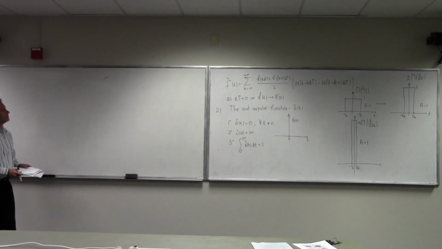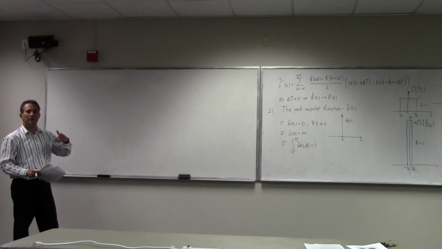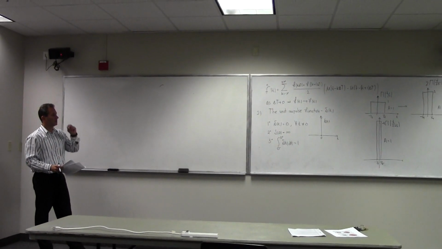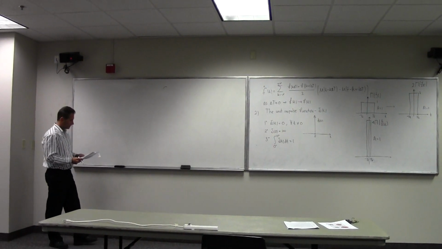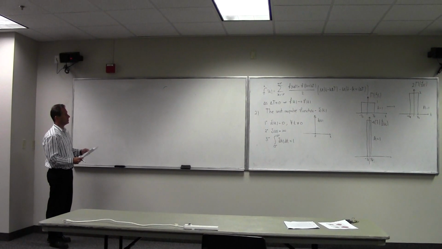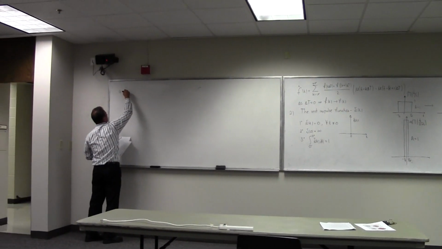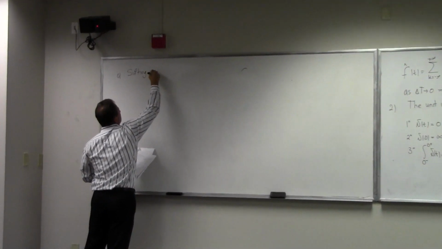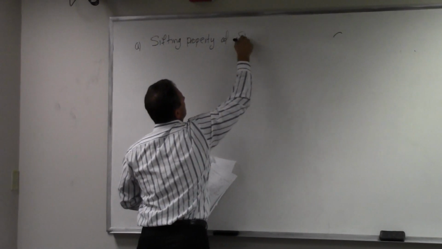It's really important to us because it simplifies a lot of math. It is very convenient to do math with it, so we constructed it to help us in presenting some of the properties of linear systems. So one of the properties is what is called the shifting property of delta of t.